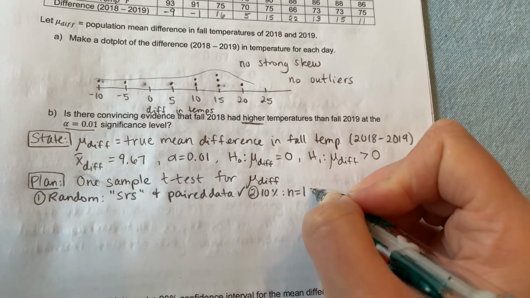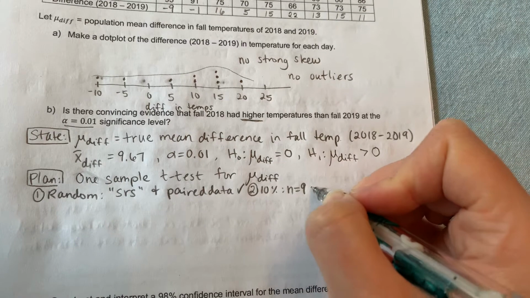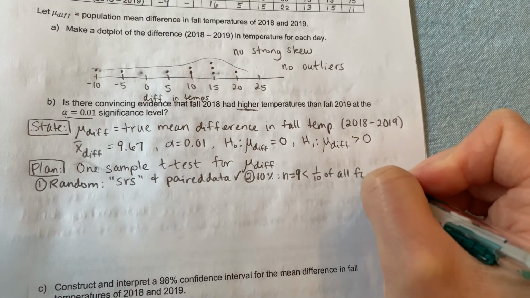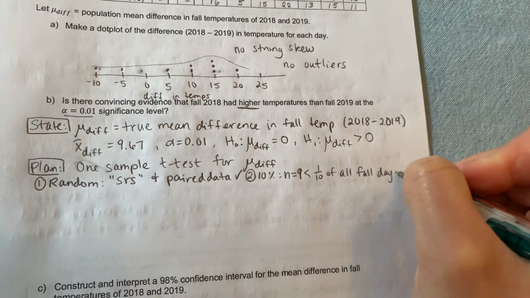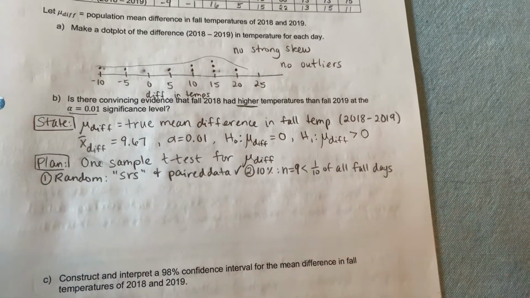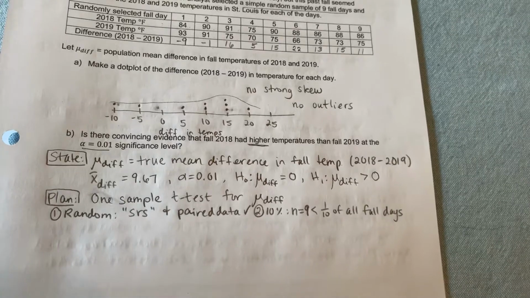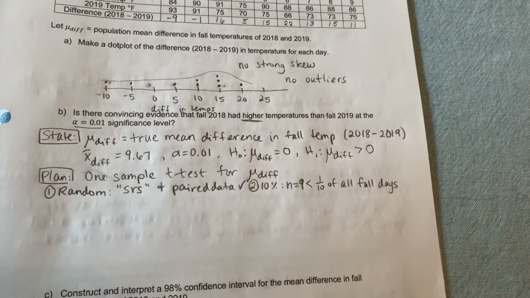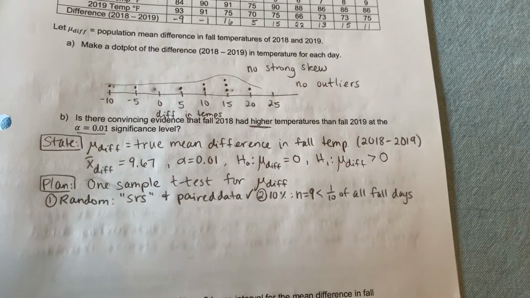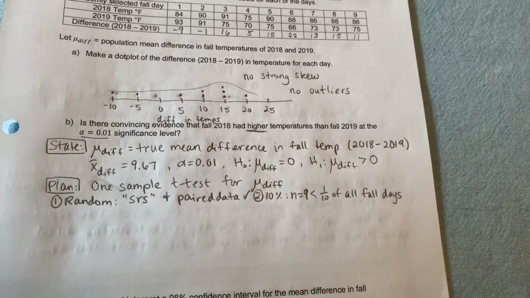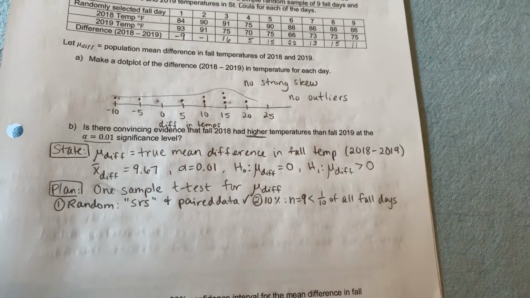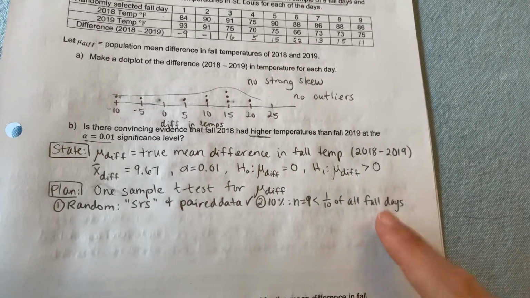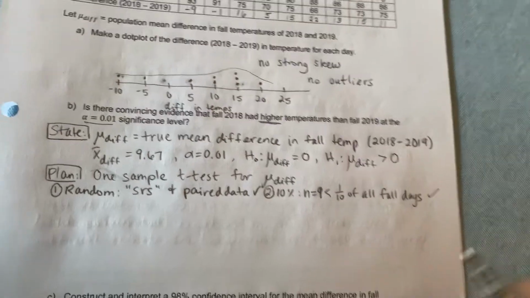So n is equal to, let's see, what did I say, 9. Is that less than 1/10 of all fall days? Well, I could technically calculate that fall is from September, like 20th or 22nd to December 20th or 22nd, something like that. But really, it's about 3 months, which is a little over 90 days. 10 times 9 is 90. So 9 is less than that 90 days or 3 months of fall. So this is met.